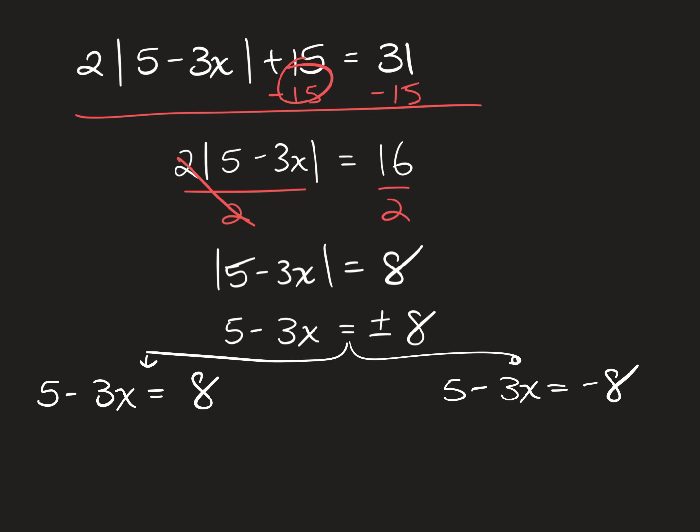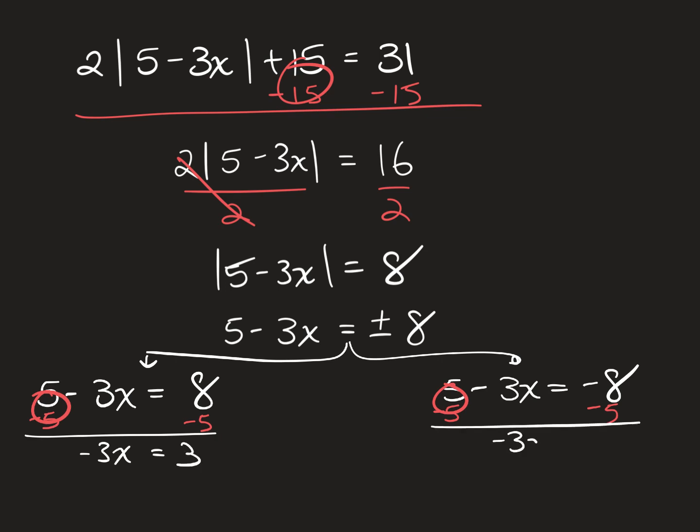And what's cool about these is that you solve them the same way. So you're going to subtract 5 because you're trying to isolate x. That zeroes out, that zeroes out. So you're left with negative 3x equals 3 and negative 3x equals negative 13. And what's left?